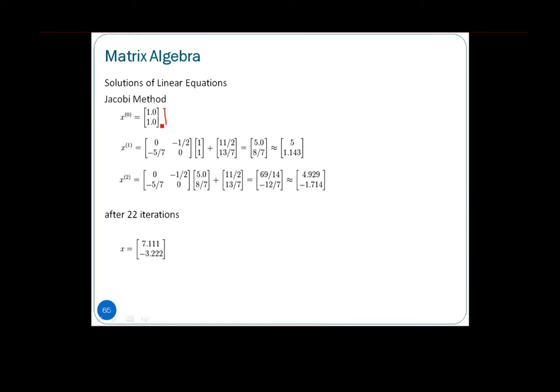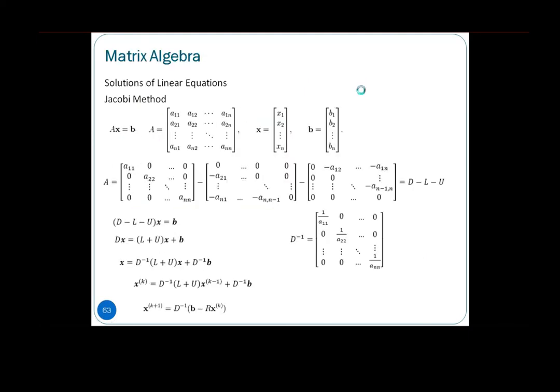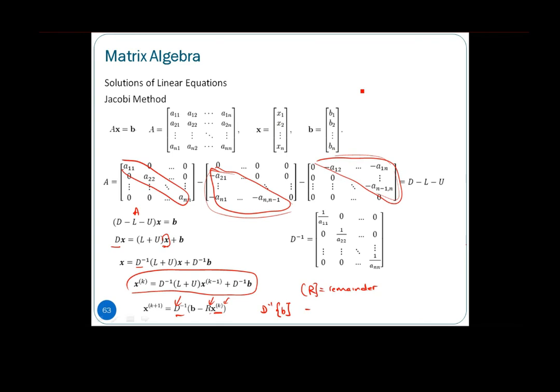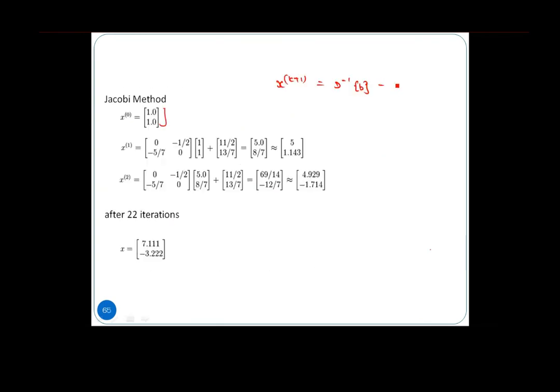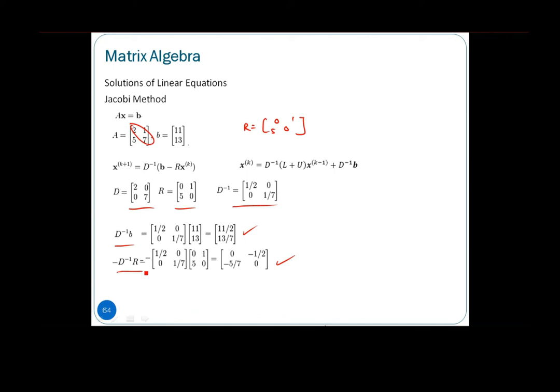If you still remember, x of k plus 1, the next iteration, equals D inverse b minus D inverse R times x of k, the previous iteration.